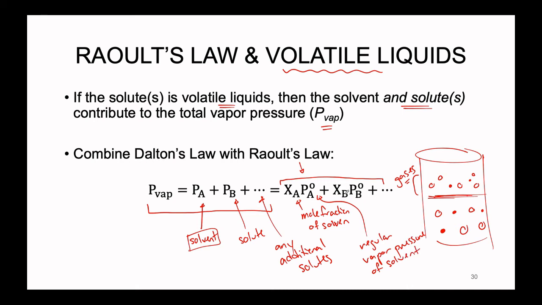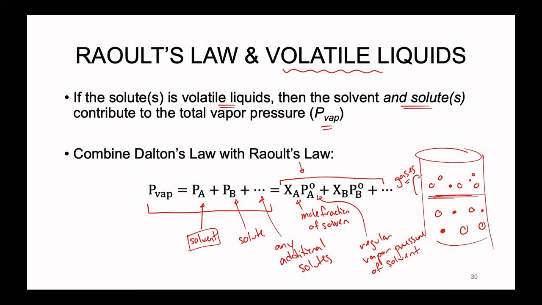And then chi sub B would be the mole fraction of B. The P sub B with the naught would be the regular vapor pressure of that solute in its pure liquid form. And again, if we had any additional solutes, we would just keep adding them together in sum, following Dalton's law.